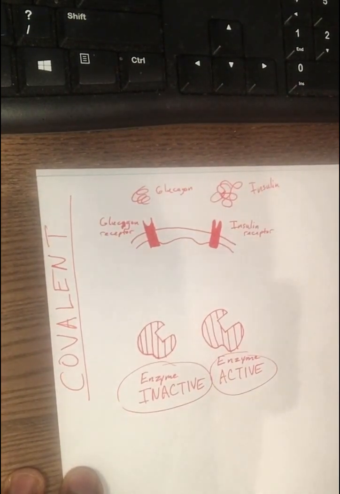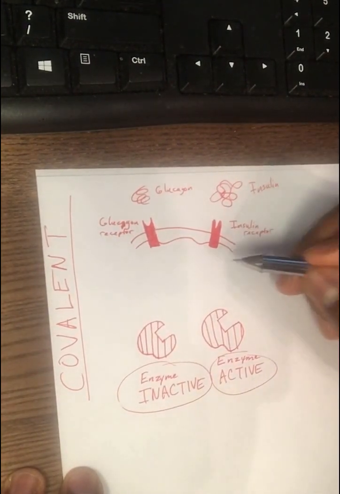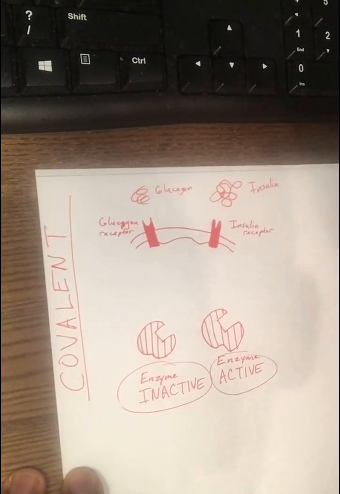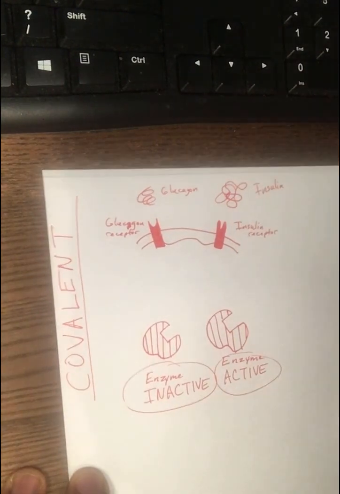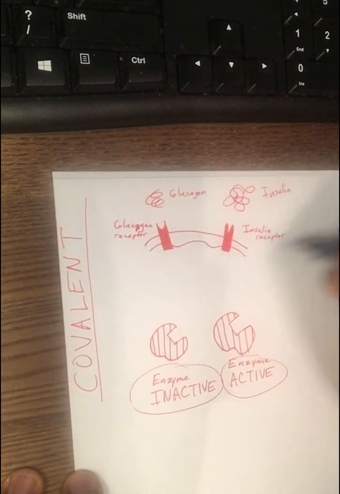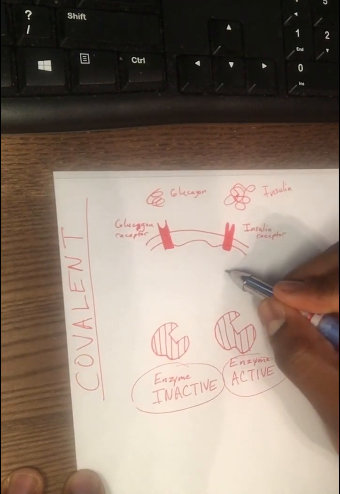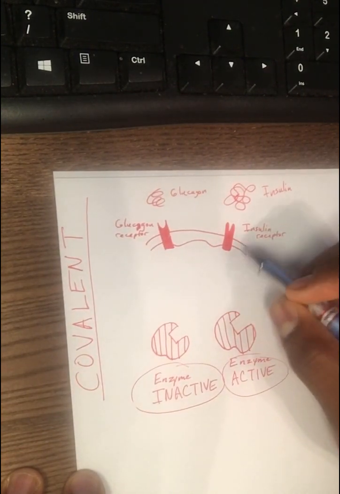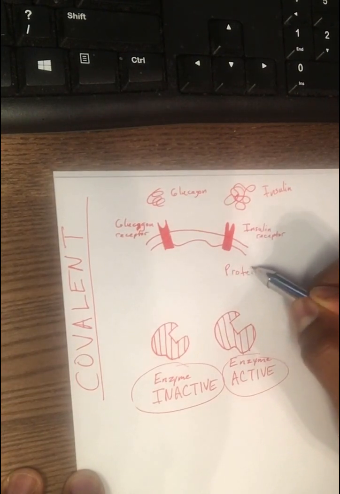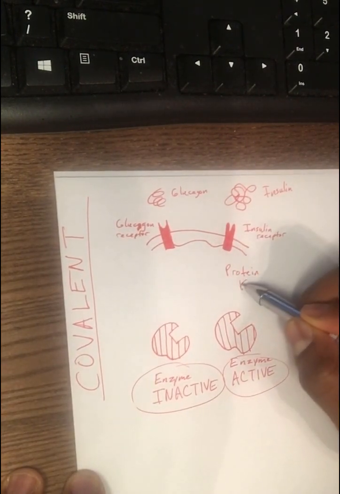All right. So anyway, through signal transduction, a cascade of events within the cell, we have something called, let's say, a kinase and a phosphatase. So here we have, let's say, a protein kinase.